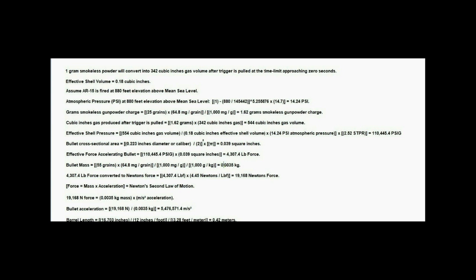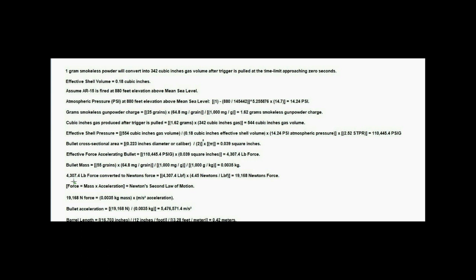The bullet mass is computed at 0.0035 kilograms, converted from grains to milligrams, then grams, and then kilograms. So next we access Newton's second law of motion. Force is equal to mass times acceleration. We then convert the 4,307.4 pounds of force horizontally accelerating the bullet.